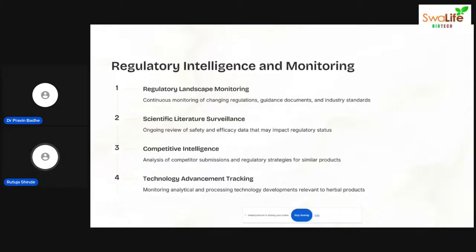Then, competitive intelligence, analysis of competitor submissions and regulatory strategies for similar products. And technology advancement tracking, monitoring analytical and processing technology developments relevant to herbal products. So this proactive approach ensures that you are not caught off guard by evolving requirements, and that your submission remains aligned with current expectations.